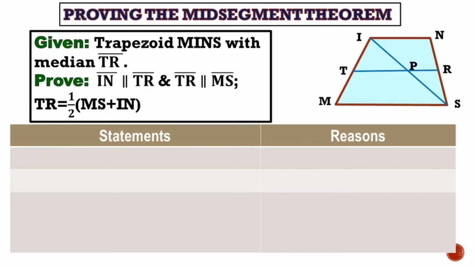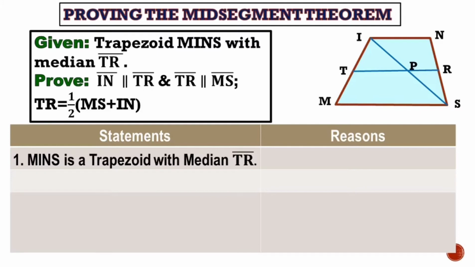So we will be using a 2-column proof for this. So for our first statement, we have MINS is a trapezoid with median segment TR. Reason: given.